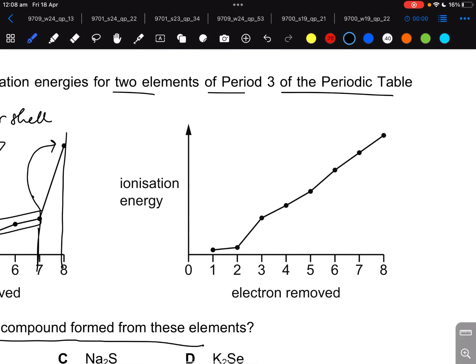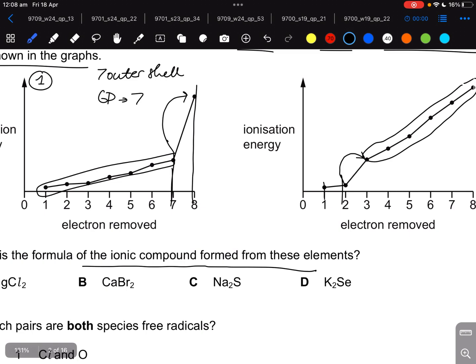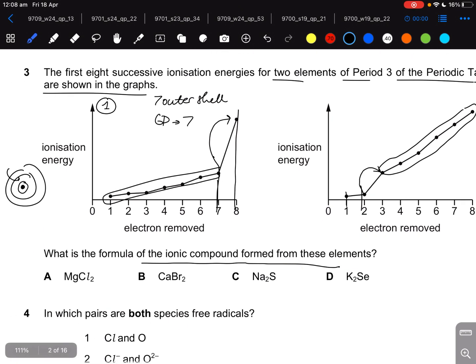So we know that this one is going to be chlorine because it's in period 3 and group 7, so it has to be chlorine. Then let's look here. So it has 1, 2, then a slightly big jump if you consider it, and then pretty similar numbers after that. Okay, so if you just cancel out these, it's going to be MgCl2.